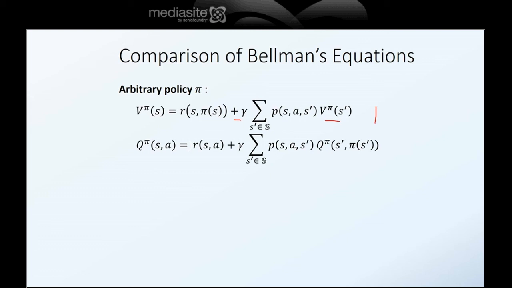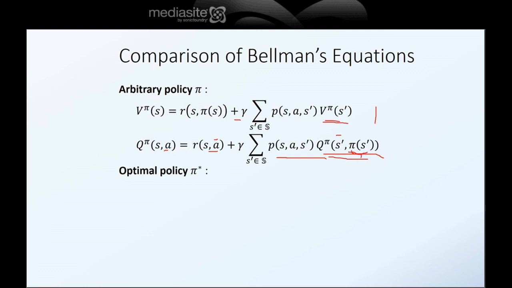Now we are evaluating every action A, so it's not pi S here, this is every action A. So this is equal to R SA plus gamma times the expected value of Q pi S prime pi S prime. When you apply a policy, it gives you the action corresponding to that policy, and this therefore is the same as V pi S prime.